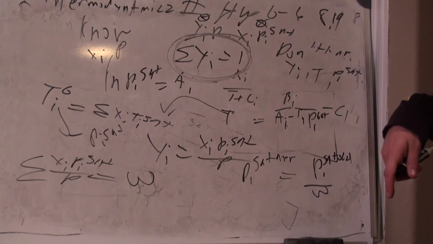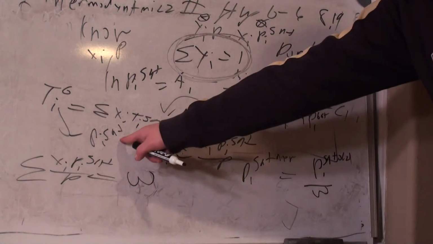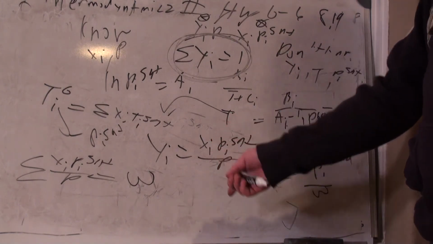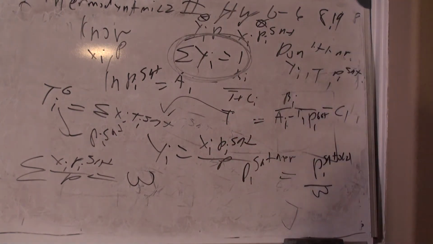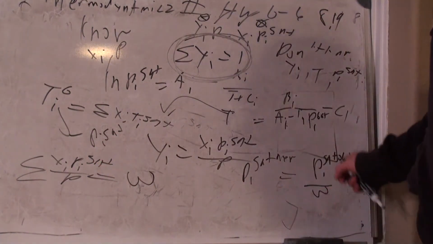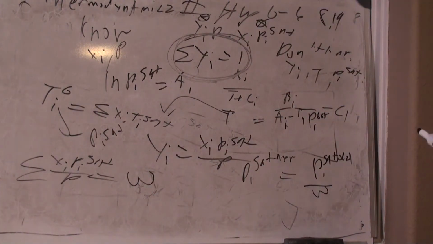I'm going to plug it back in here, and I'm going to get a new t. What did I do after I got a new t? Oh, I got pi sats. What did I do after I got pi sats? Oh, I got yi's. What did I do after I got yi's? Oh, I said, what do I need to do? And I went back here. Okay. And I'm going to keep doing this in an iterative manner until my t doesn't change.